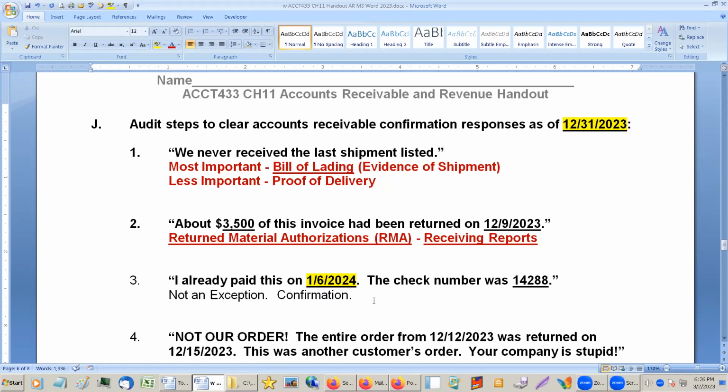Now, you might still look to see if they actually got the check. You might check the checklist slash deposit slip. But at least on the surface, this is an acknowledgement that they did owe it on this date.